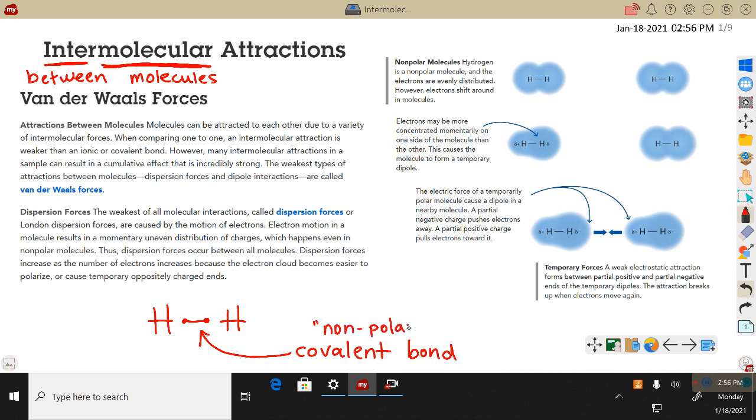Non-polar covalent bond, meaning that there's really not going to be a substantial region of charge. The electron pairs are shared equally for the most part, and so there's no partial positive or partial negative, or so we think.